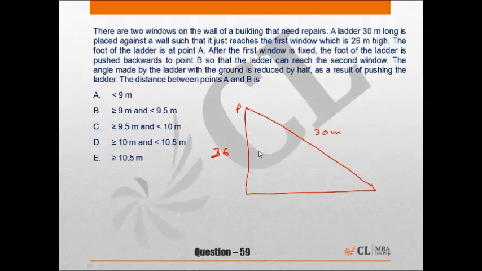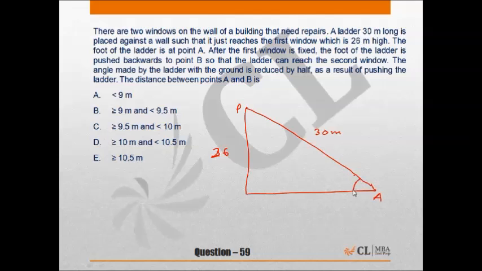The foot of the ladder is placed at A, which means this point is A. After the first window is fixed, the foot of the ladder is pushed backwards to point B so that the ladder can reach the second window. The angle made by the ladder with the ground is reduced by half.